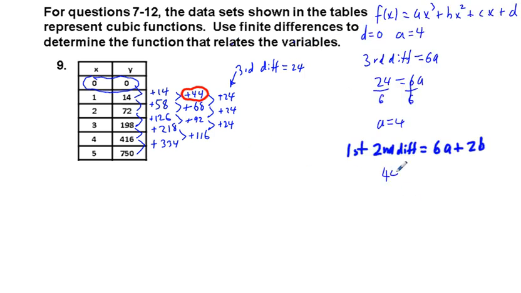So 44 is equal to 6a, and 6a is going to be our third difference already. So that's going to be 24 plus 2b. So we subtract 24 from both sides. We get 20 is equal to 2b. Divided by 2, b is equal to 10. So b is equal to 10.